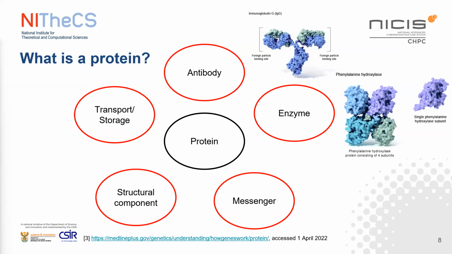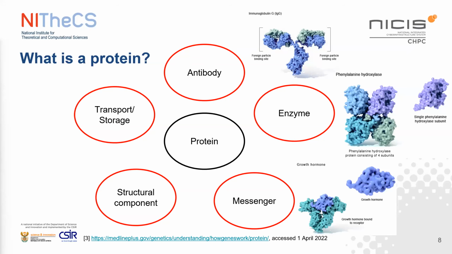Then you've got messenger proteins, which transport messages. In this case, you can take types of hormones and you transmit the signals to coordinate biological processes between the cells, tissues, and organs. Then you have a structural component. The structural component provides structure and support for the cells, right? On a large scale, they also allow the body to move. So structural is typically those things that make your muscles move.